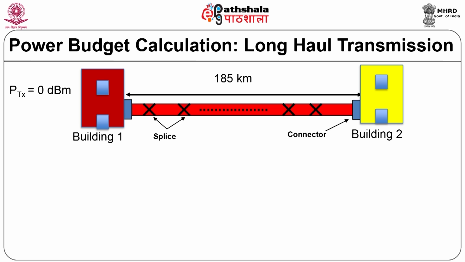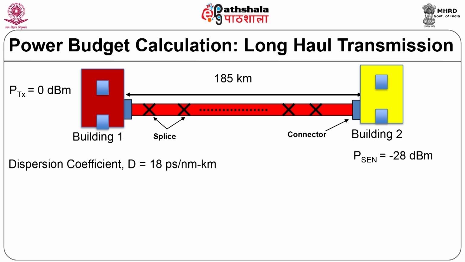There are 4 splices as you see in the diagram. The distance between them is say 185 kilometers. The dispersion coefficient D is equal to 18 ps per nanometer kilometer.